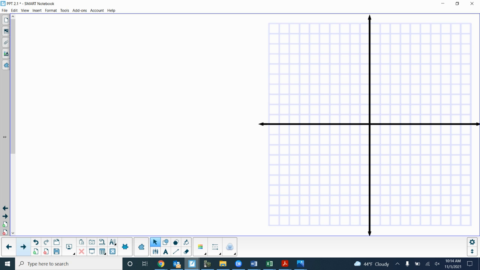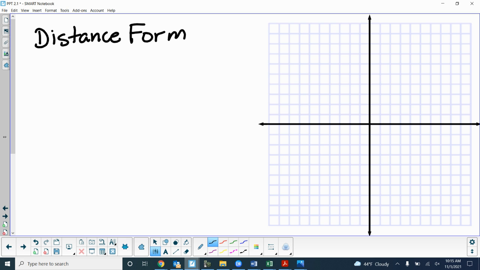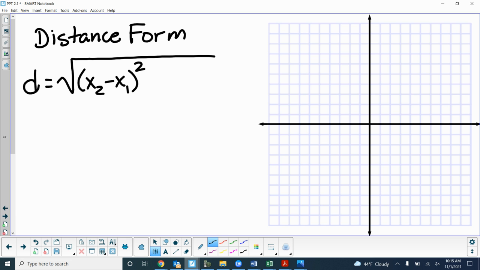So the first thing we're going to do is find the distance between 2 points. So we're going to use the distance formula to find that. And the distance formula is d equals the square root of the x sub 2 minus x sub 1 squared plus y sub 2 minus y sub 1 squared.